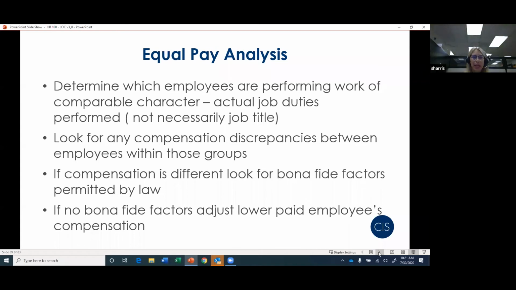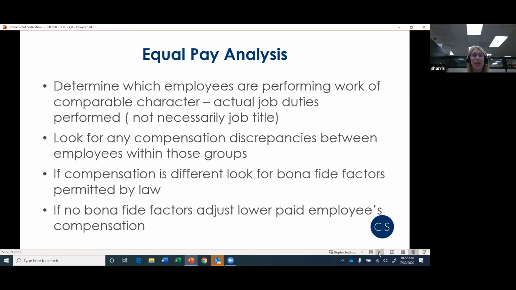Okay, so again, knowledge, skills, abilities, responsibility, what's the guts of the work, not just what their paid title is. Then we're going to look for any compensation discrepancies between these groups of people, okay? Then we're going to look for the bona fide reasons. Is there a true reason why employee X is paid more than employee Z? Yeah, employee X has 4 certifications and employee Z doesn't, okay? So we can look at that.